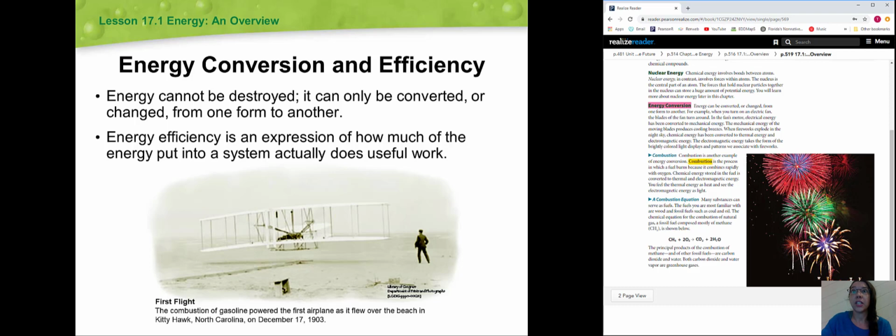The mechanical energy in the moving blades produces cooling breezes. Another example is when fireworks explode in the night sky, chemical energy has been converted to thermal energy and electromagnetic energy. The electromagnetic energy takes the form of a brightly colored light display and patterns we associate with fireworks.